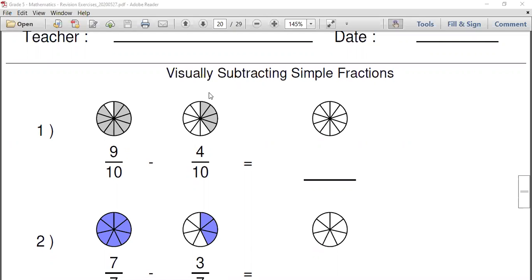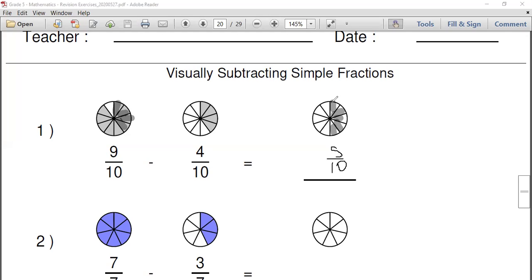So we take away that one, and that one, and that one, and that one. Now we are left with 1, 2, 3, 4, 5. So we need to draw those 5, and write down the fraction, which is 5/10.